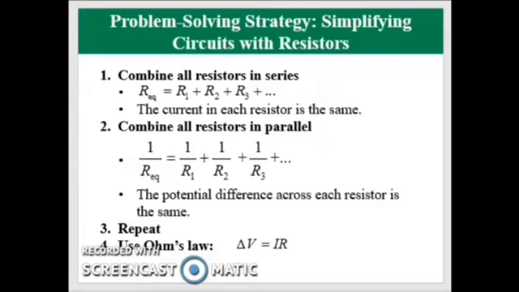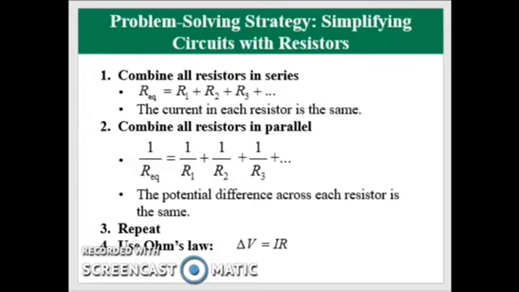We have 4 steps here. The first one, combine all resistors in series by summing up the individual resistances and draw a new simplified circuit diagram. Then use the equation for resistors in series. And remember, the current in each resistor is the same.